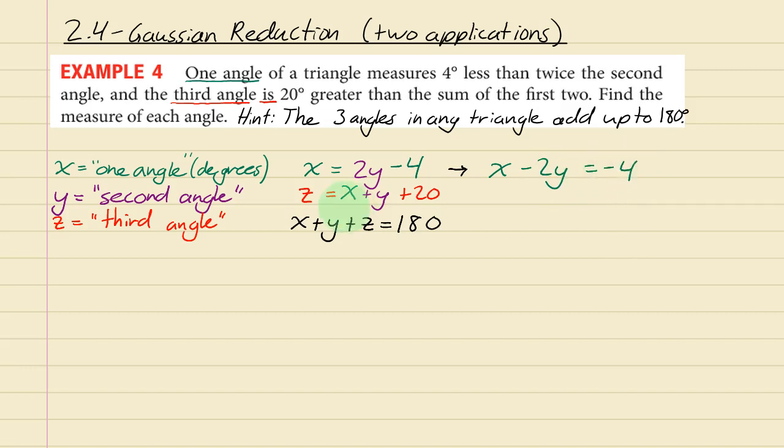In this equation, I'm going to subtract x from both sides and subtract y from both sides, so that now looks like negative x minus y plus z equals 20. And this one already has all the variables where we want them.